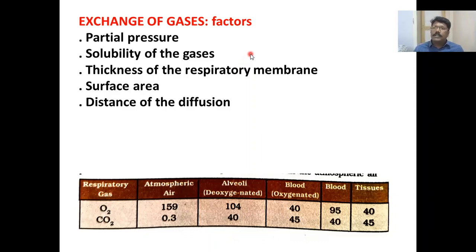And the blood, which comes from the tissues, already carries carbon dioxide, and carbon dioxide is diffused into the alveoli. And from the alveoli, oxygen is diffused into blood. So this is known as the external or the pulmonary respiration.